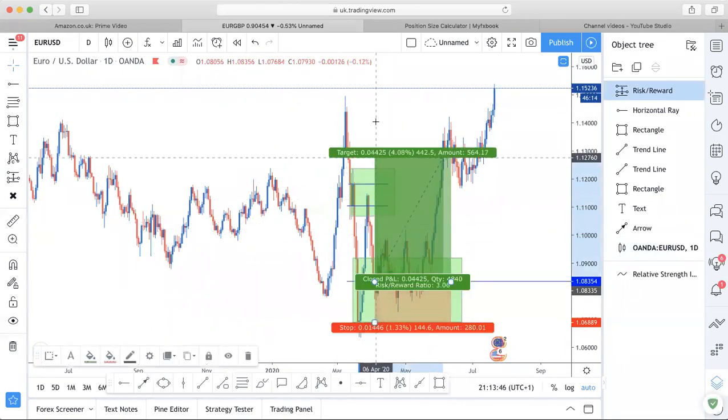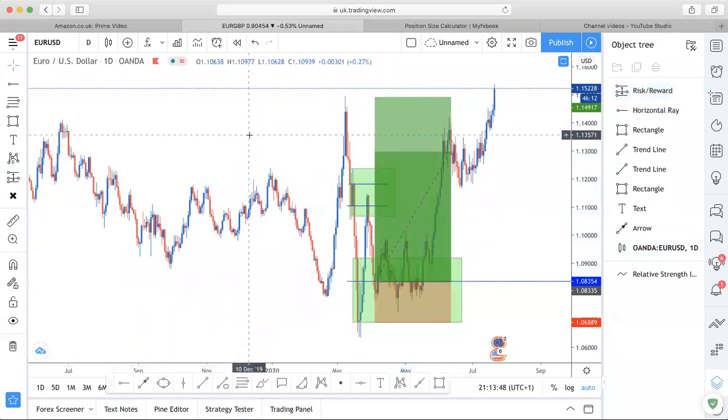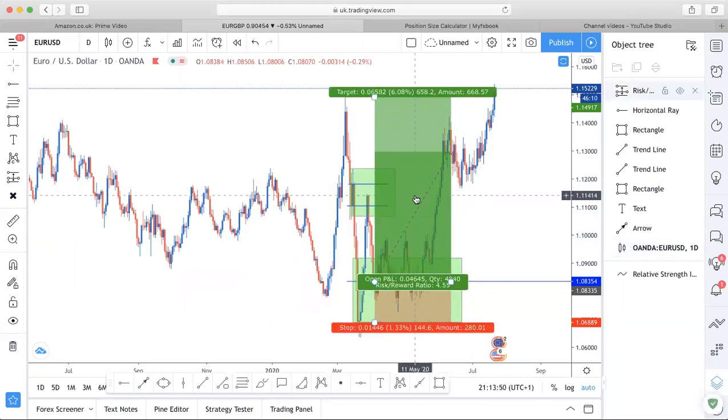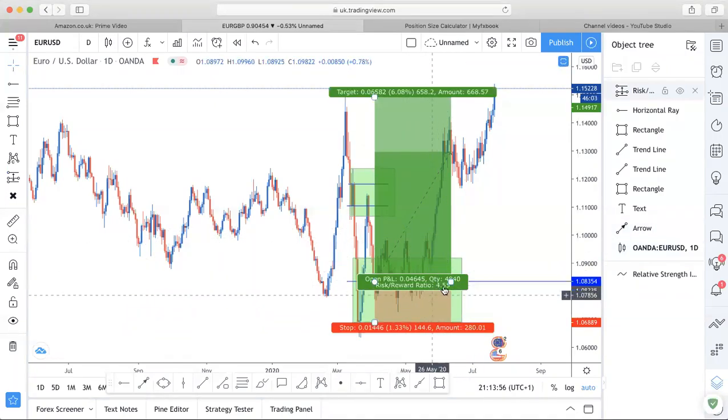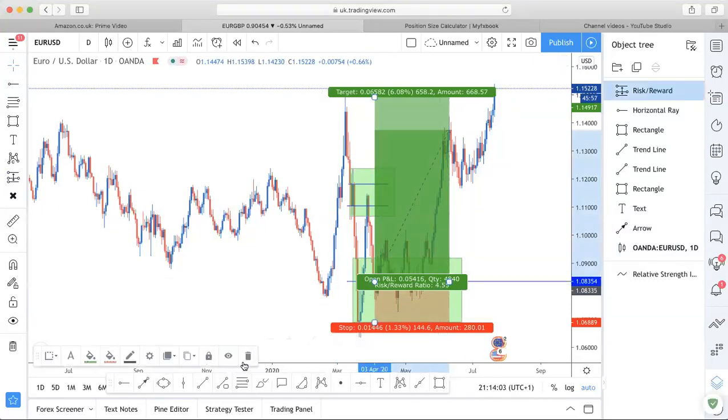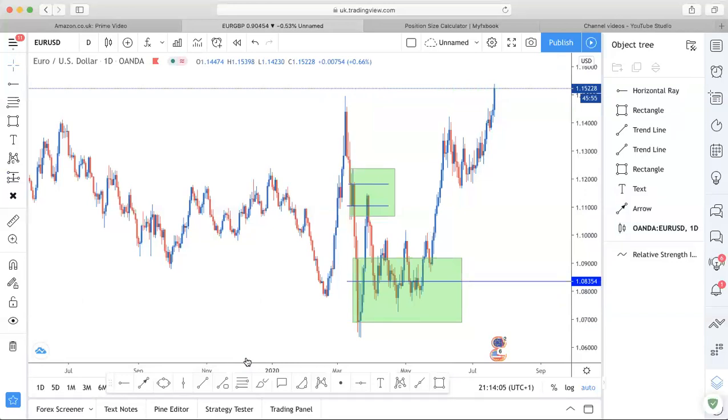I haven't spoken about liquidity yet, but I am going to talk about it. And this trade is 1:5. So you're risking 1% of your account to grow your account by 5%, guys.